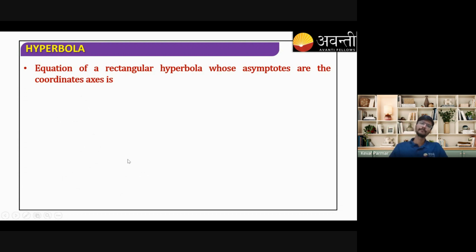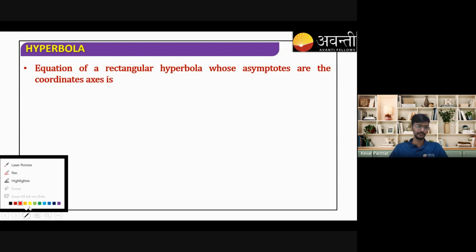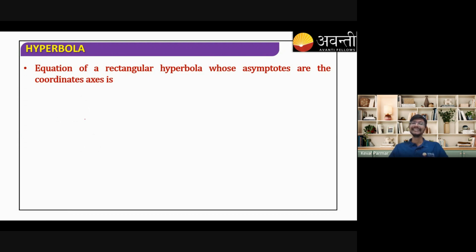If the hyperbola is x square upon a square minus y square upon b square equals 1, then the equation of asymptotes is x upon a plus minus y upon b equals 0.